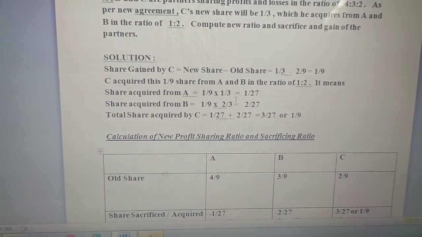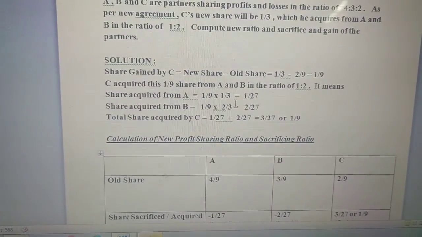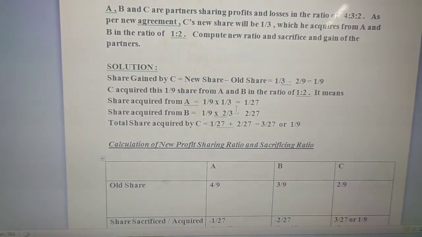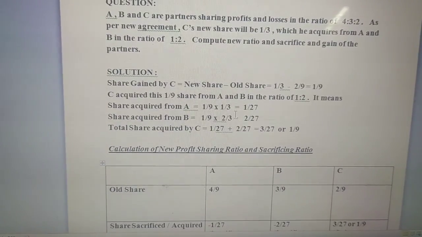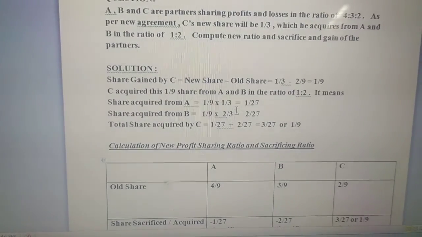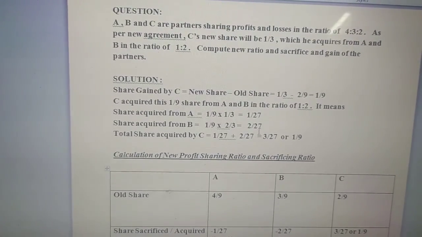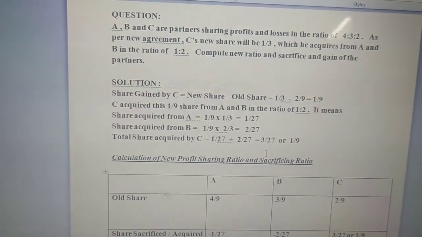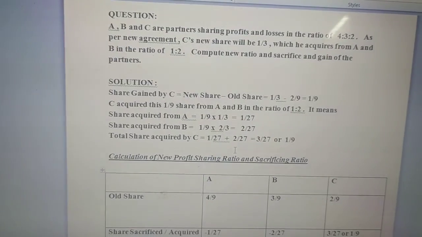That means A has sacrificed 1 by 27 in favor of C. In the same manner for B, 1 by 9 multiplied by 2 by 3, he has sacrificed 2 by 27 from his share in favor of C. The share acquired by C from both: he is taking 1 by 27 from A and 2 by 27 from B. Adding up these two, you will get 3 by 27, or you can say 1 by 9. This is the gaining part of C.